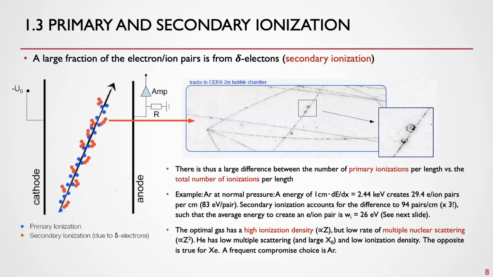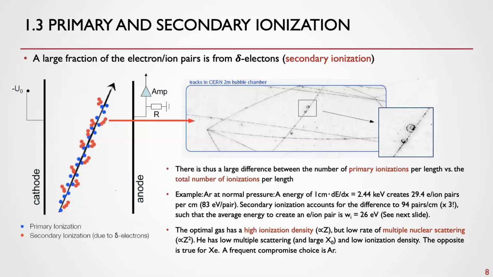Now let's make a ballpark consideration of what gases to choose. The optimal gas will of course have a high ionization density. We know from Bethe-Bloch that this is proportional to Z. It should have a low rate of multiple nuclear scattering. That would be what we discussed in Molière theory.